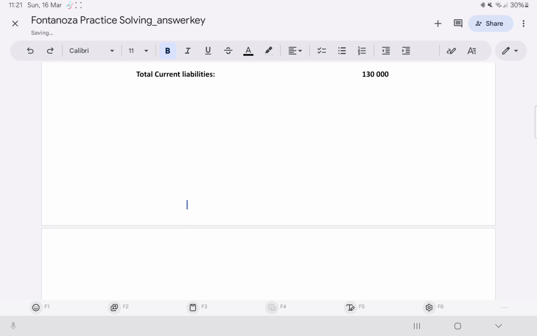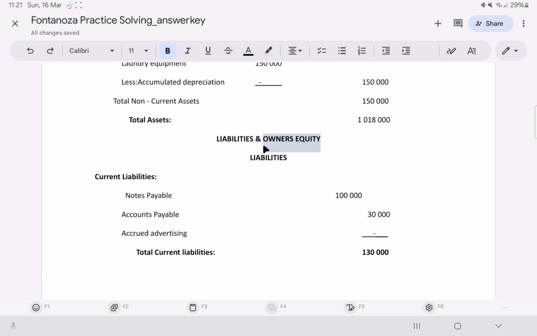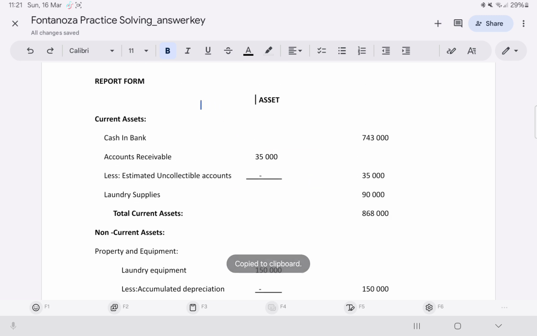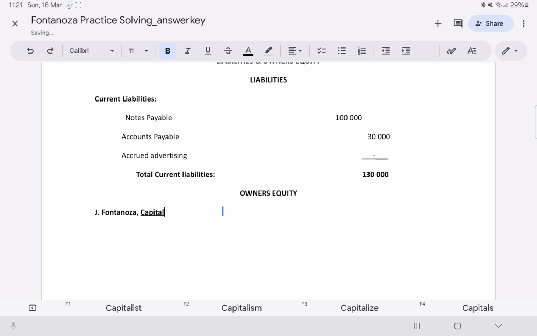Therefore, the total current liabilities is 130,000. So let's get the owner's equity. J Fontanoza, capital.